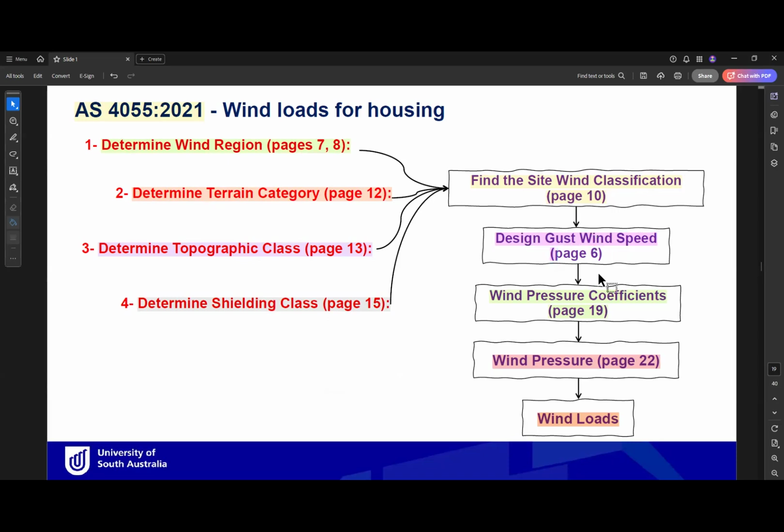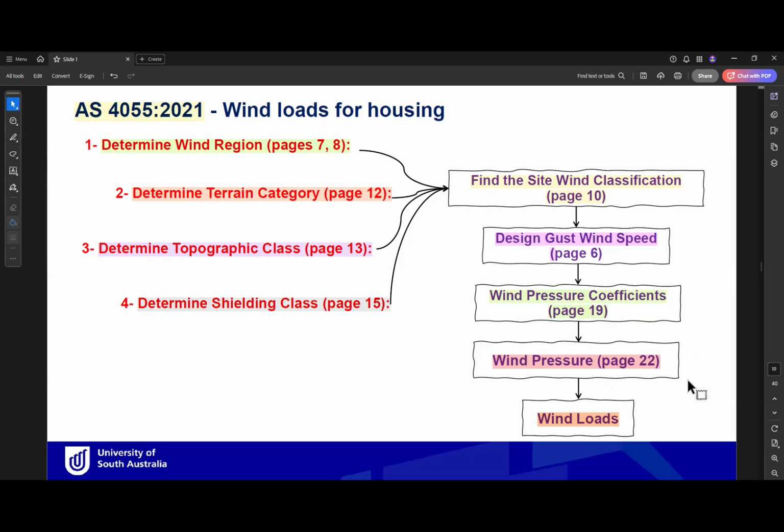Using the gusted wind speed, you can also find the wind pressure coefficient. After the wind pressure coefficient and with the gusted wind speed, you can find the wind pressure using the formula P equal to qu times Cp. And finally, after you find the pressure, multiply the pressure by the load width to find the wind loads.